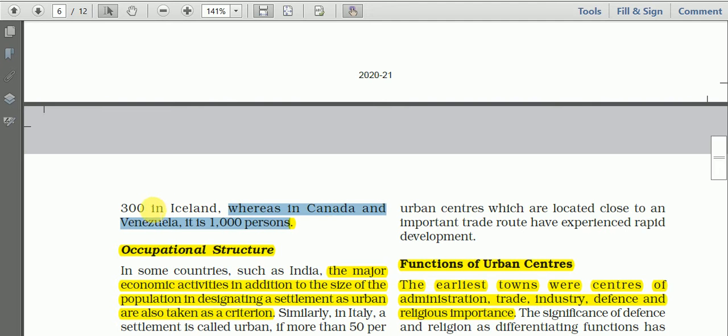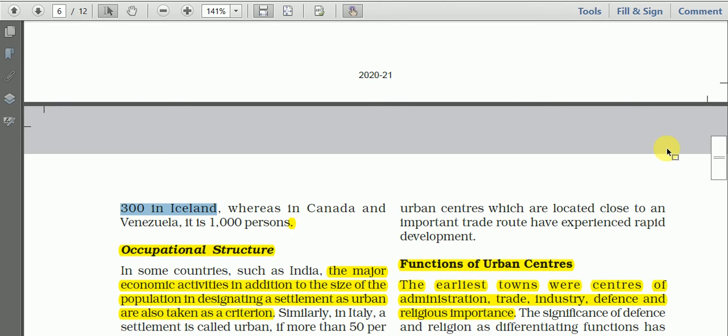In the case of Iceland, any settlement which has a population of 300 is called urban. And in Canada and Venezuela, the cutoff figure is 1,000.